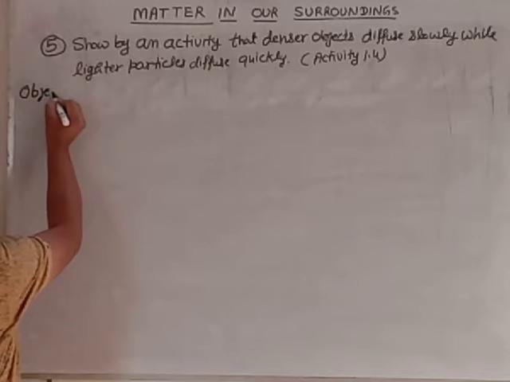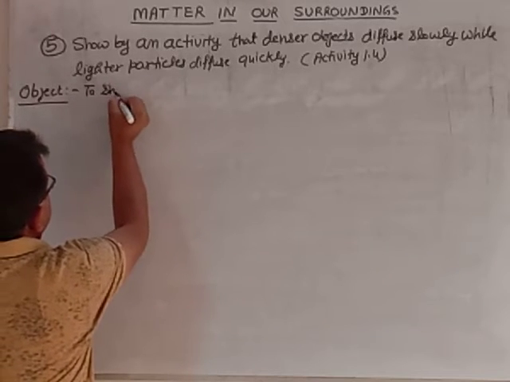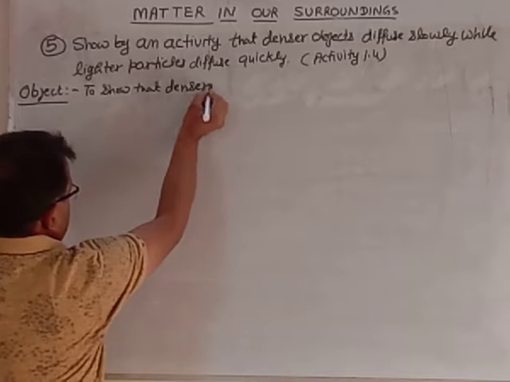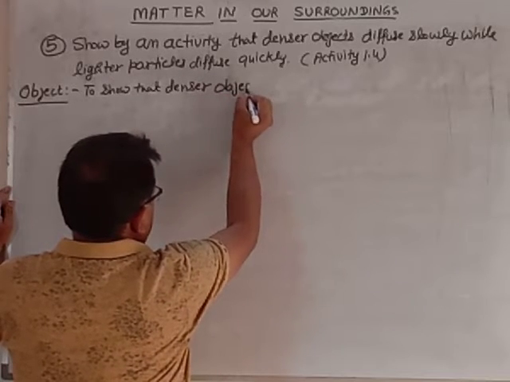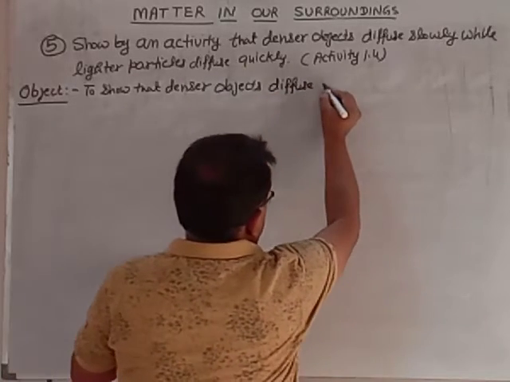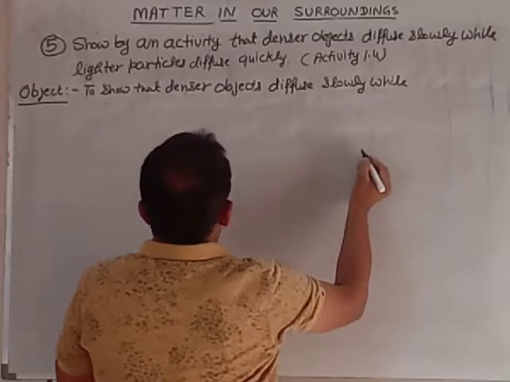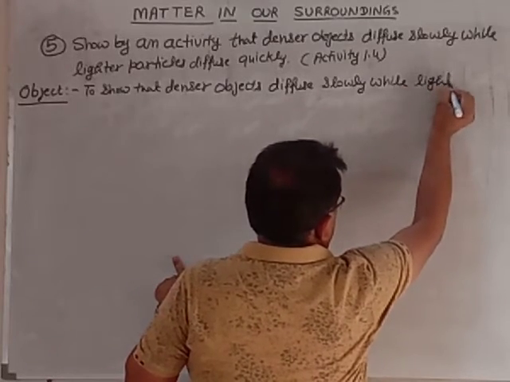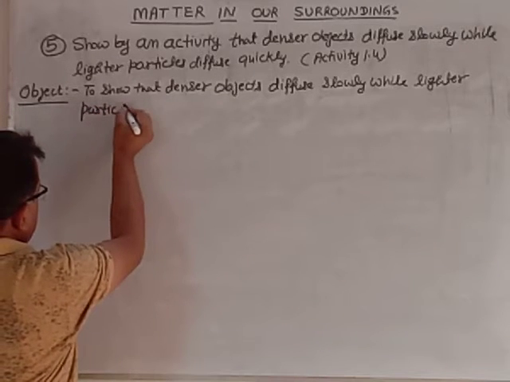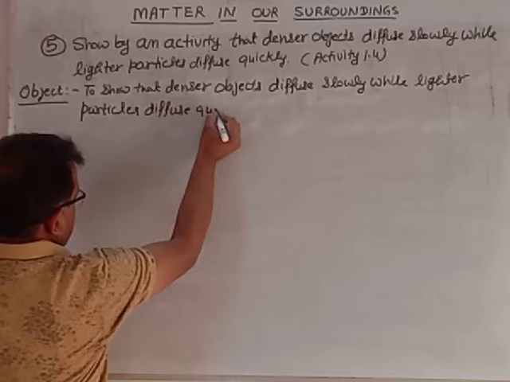Similarly, the object is to show that denser objects diffuse slowly while lighter substances diffuse quickly.